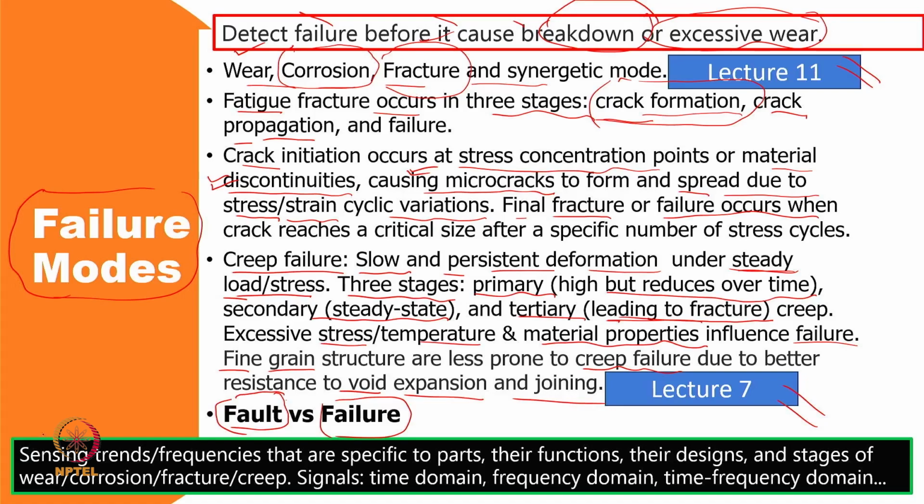So, what do we really require? We require some sort of sensing trend, which can be time based or frequency based, and then the nomenclature or signature needs to be known to us, because every part will have a different kind of behavior. So, we look at sensing trends or frequencies that are specific to parts, their function, their design and stages of wear.